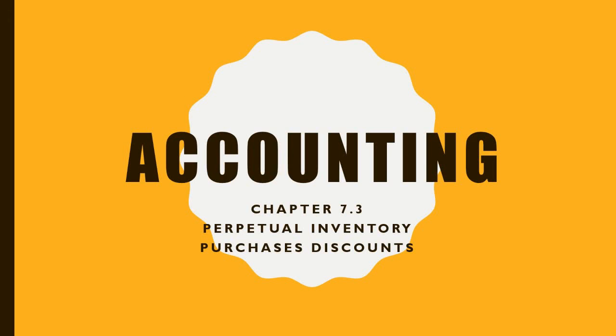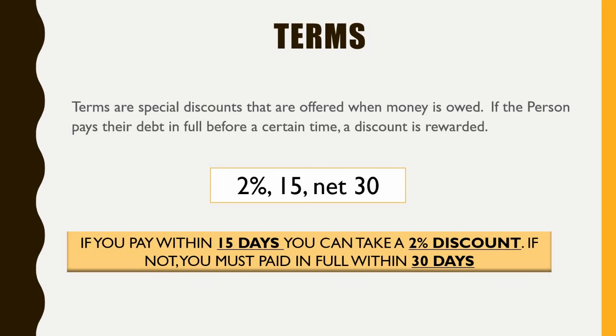So when we talked about purchase returns and allowances, we also have to look at what happens when there are purchase discounts. Once again, we've seen terms before. We understand what 2/15, net 30 means: you'll take a 2% discount if you pay within 15 days. If not, the whole bill is due in 30.